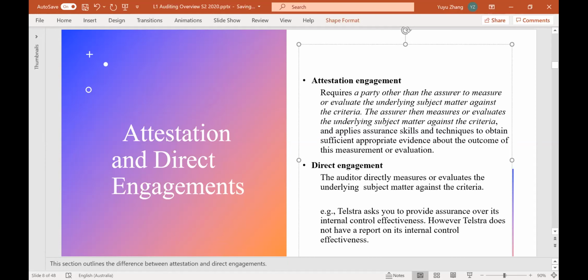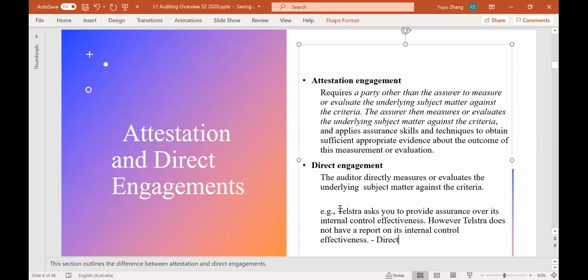In this case, is this direct engagement or attestation engagement? Direct, because actually you provide direct assurance over the subject matter, right? So in that case, that is direct.